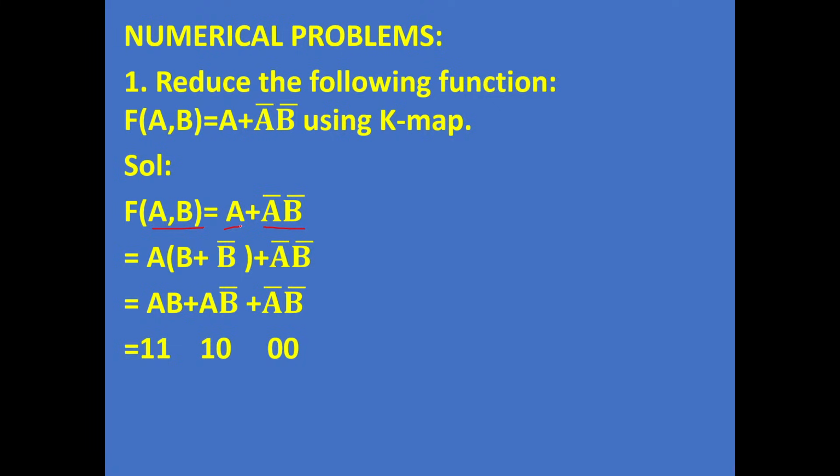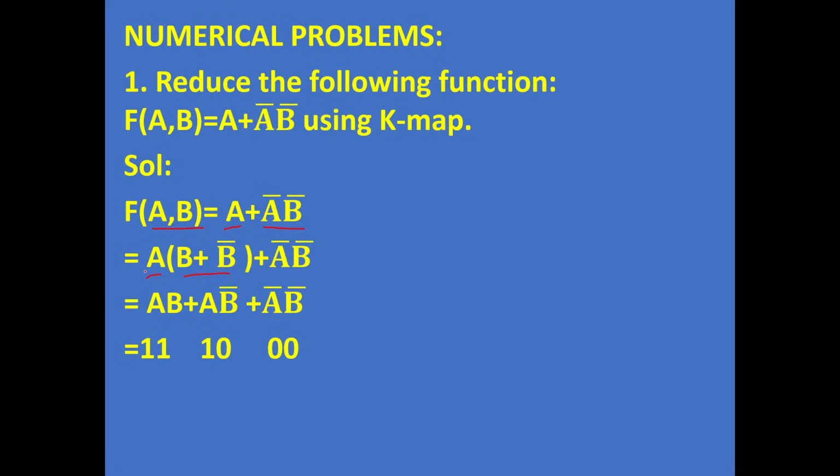There should be two variables, then only you can represent in K map. So what I have done is, I have multiplied A with B plus B bar. We know B plus B bar is 1. So even if you write B plus B bar, it doesn't matter. It's not going to change the expression.